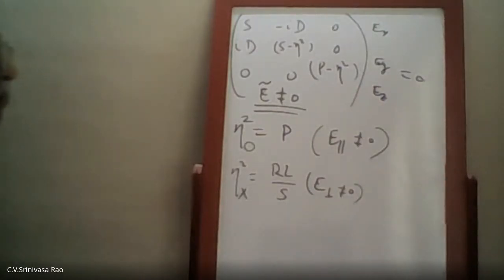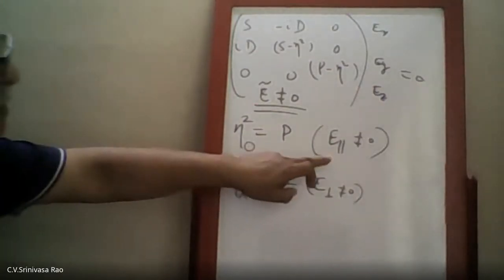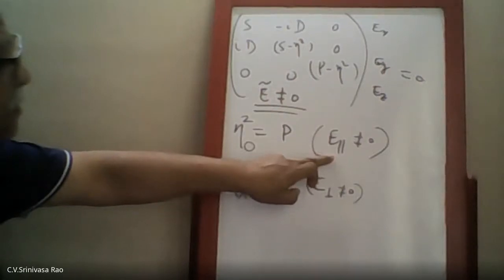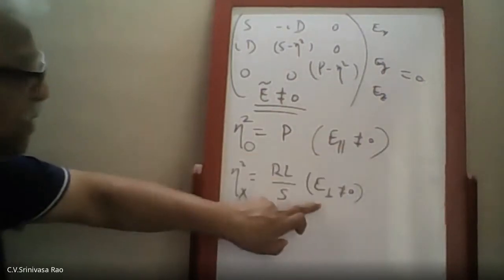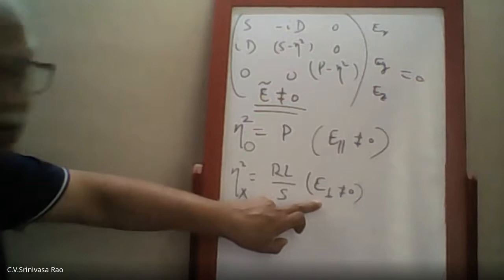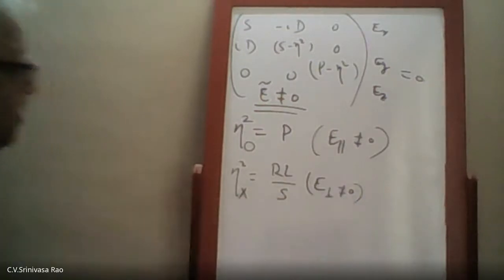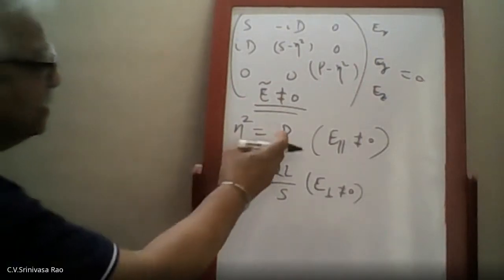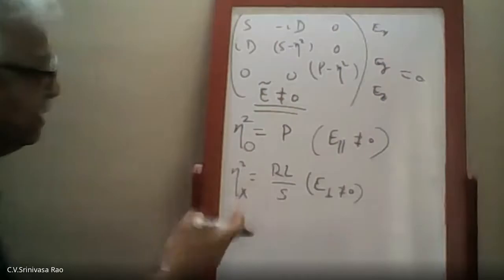So the electric vector of the wave parallel is not equal to 0. Here the perpendicular component is not equal to 0. So these are the two waves. Let us see what these waves are. We'll have to put back the terms, what is P and R, L and S.